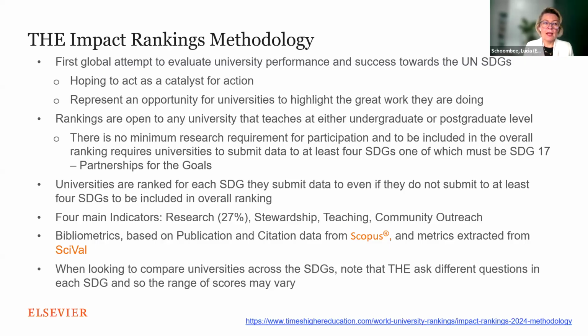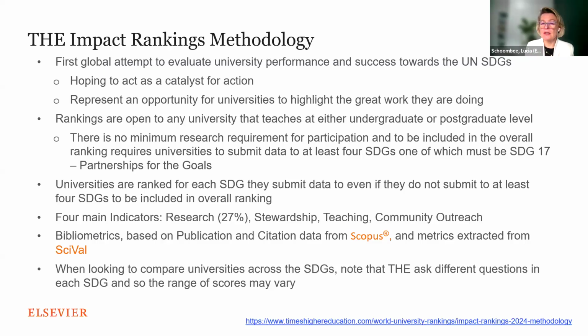And then the research is amongst 4 overall main indicators. So the impact ranking looks at research, and research is also here the most weighted. It has the highest weighting, 27% of the overall ranking. And then it also looks at stewardship.